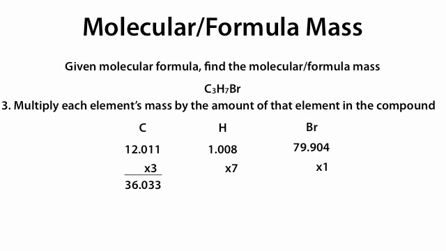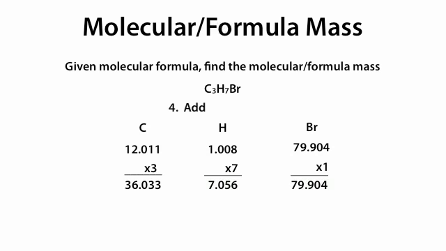We then multiply these all out. 12.011 times 3 is 36.033. 1.008 times 7 is 7.056. And 79.904 times 1 is still 79.904.